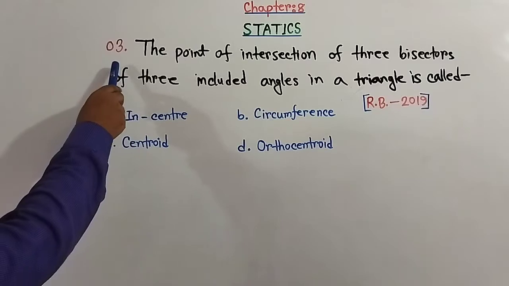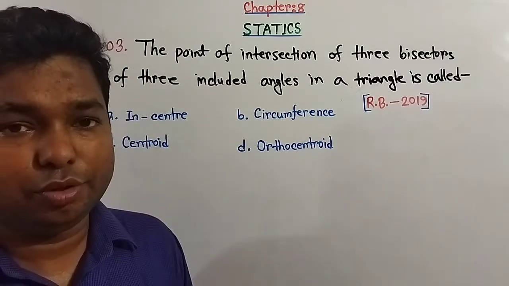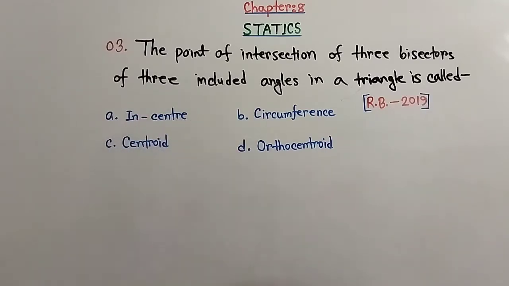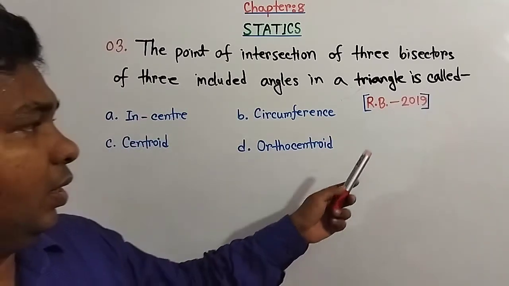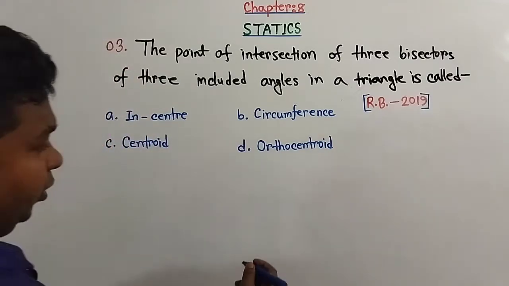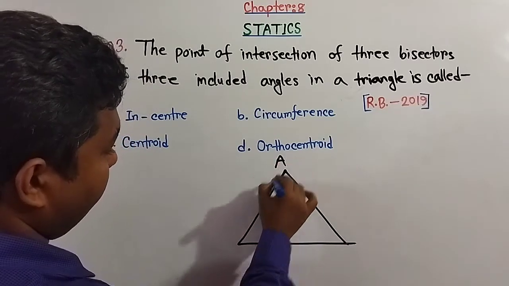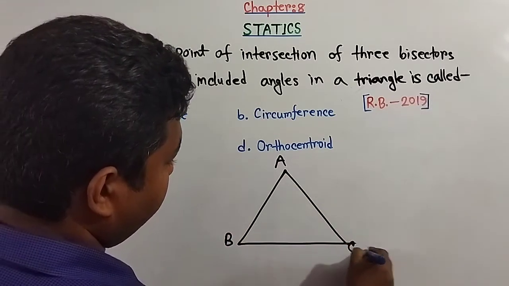Now, our third question: the point of intersection of the three bisectors of the three included angles in a triangle is called what? Now, we know in a triangle, let ABC be a triangle.